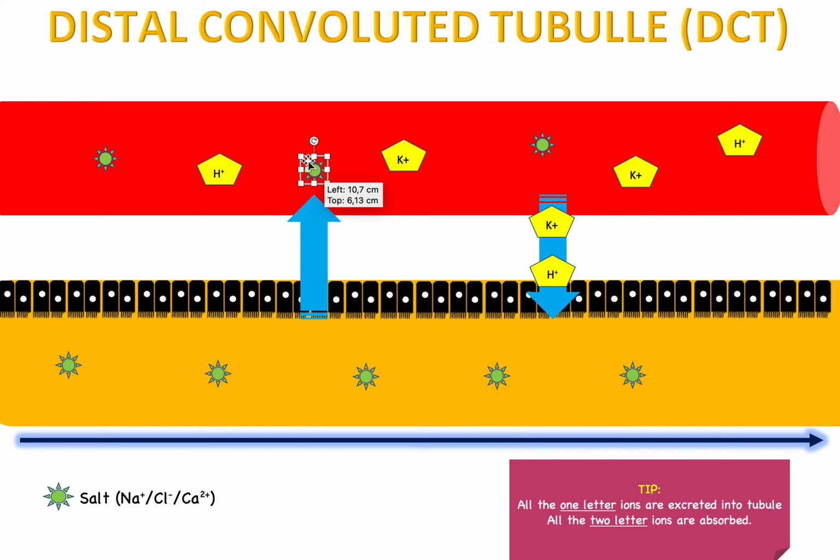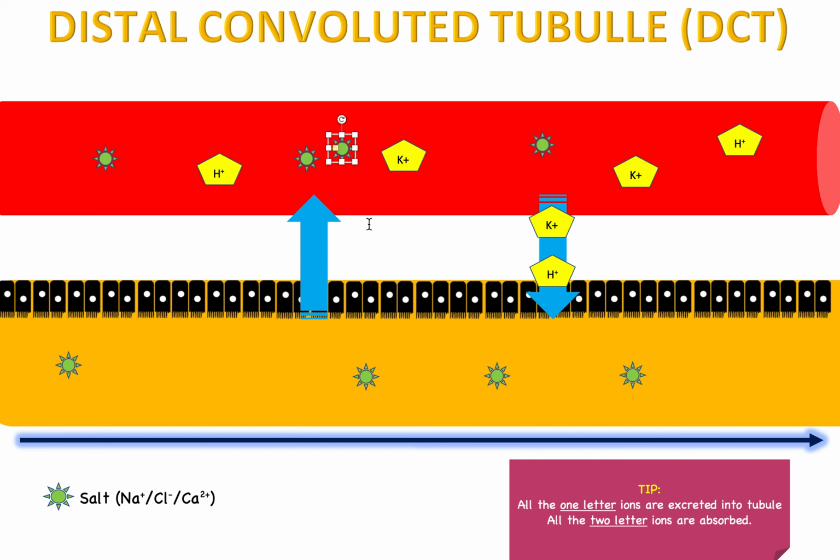Why? Because these ions are so useful for us in many functions. For example, calcium is useful for muscle contraction. Sodium and chloride are useful for maintaining the osmolarity of our blood and making sure we can send signals through our neurons. So they're very important for many reasons. We don't want to get rid of all of them. We want to keep some.